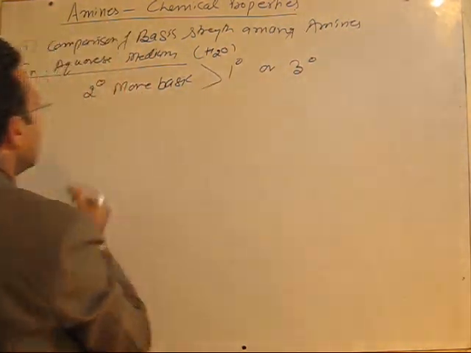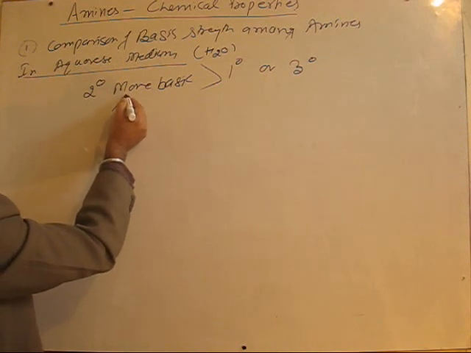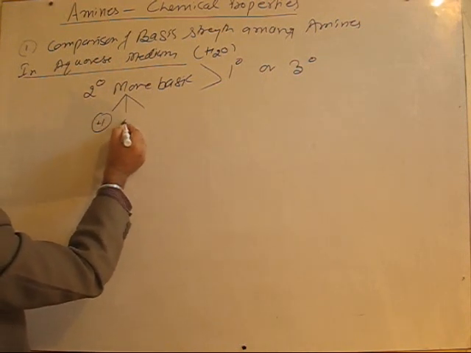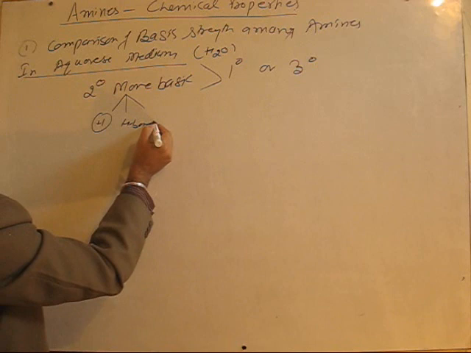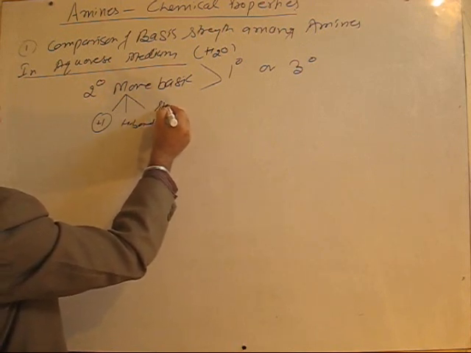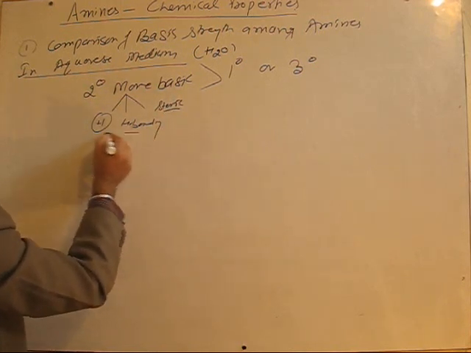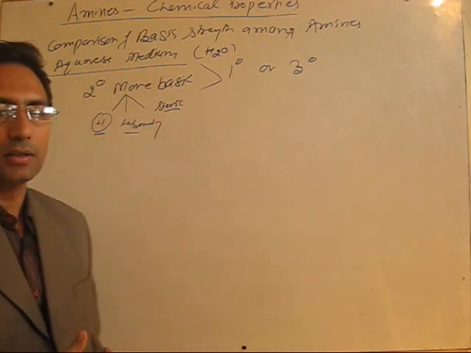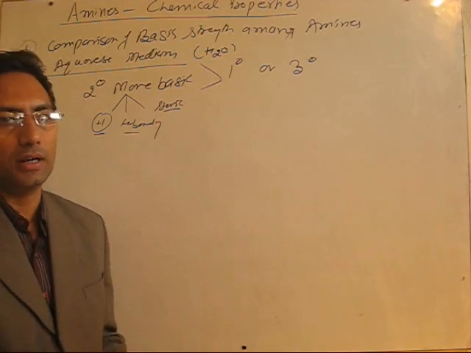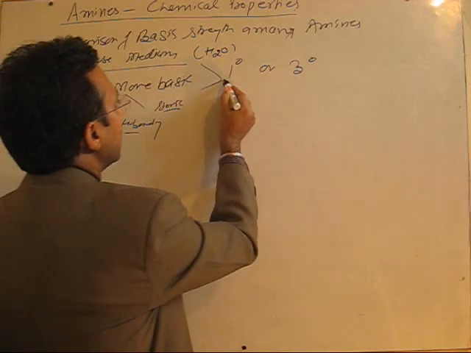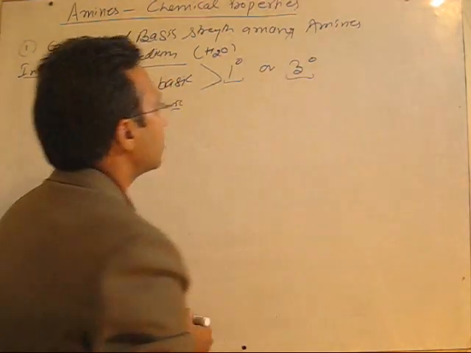They are more basic because all the factors, plus I effect, H bonding as well as steric hindrance, favor the attack of H plus ion as well as the stability of the ion formed, right? But the thing is the comparison between the other two.